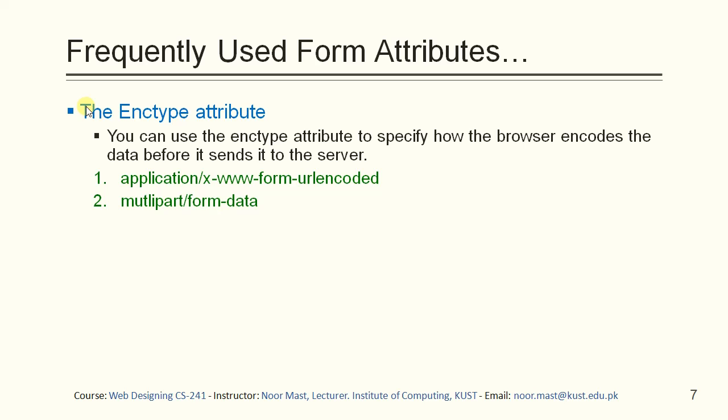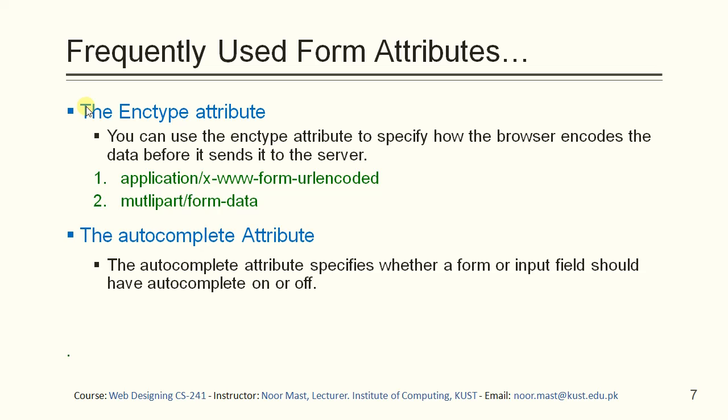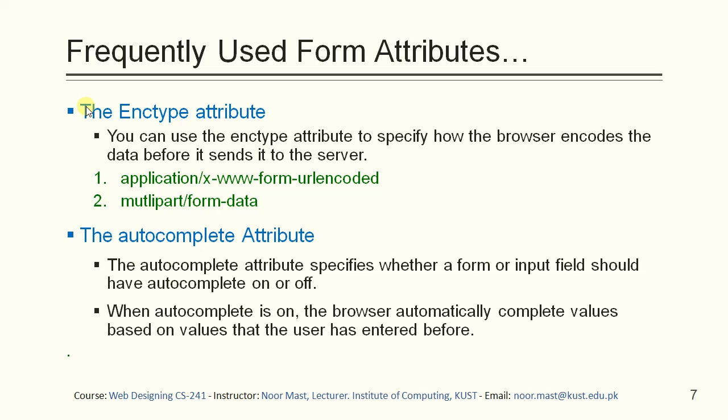Use the first method for simple text, while use the second method if your data includes images or files such as an MS Word file to be uploaded to the server. Autocomplete attribute. The autocomplete attribute has two possible values, on and off. When autocomplete is on, the browser automatically completes values based on values that the user has entered before.